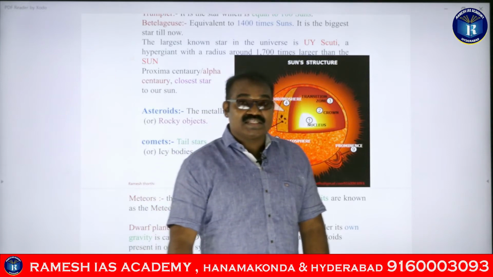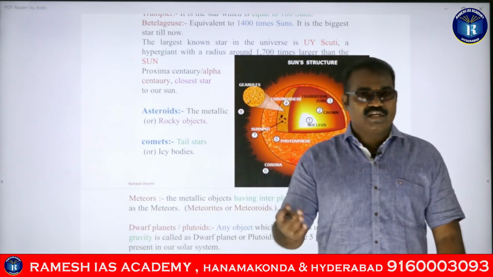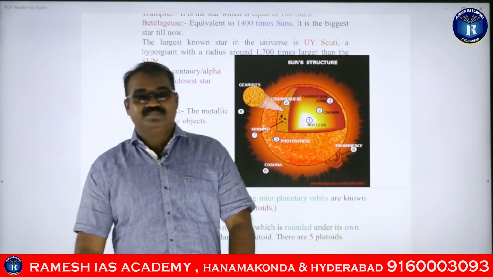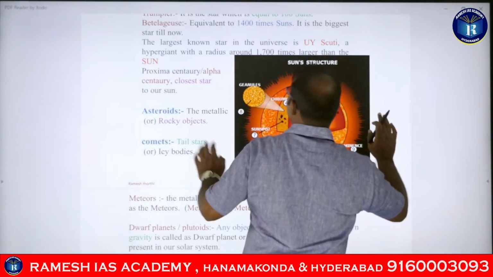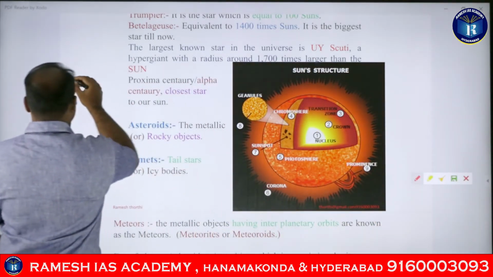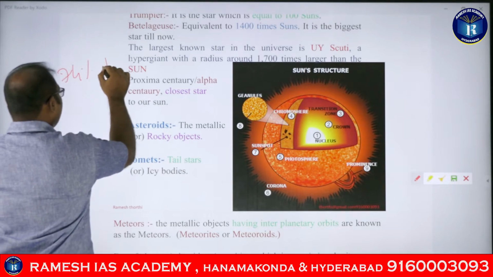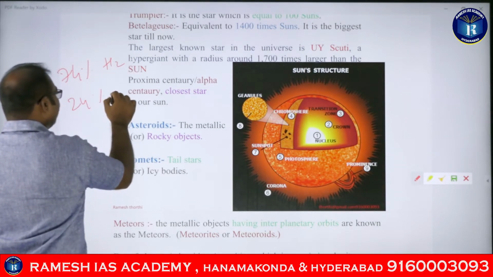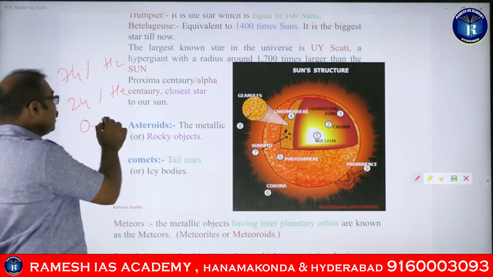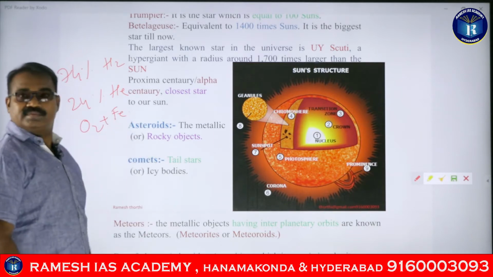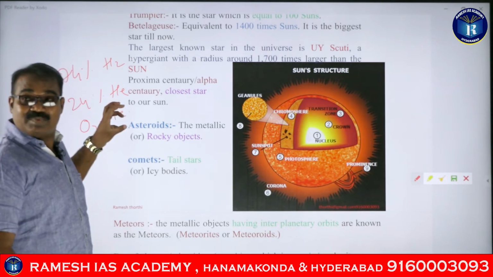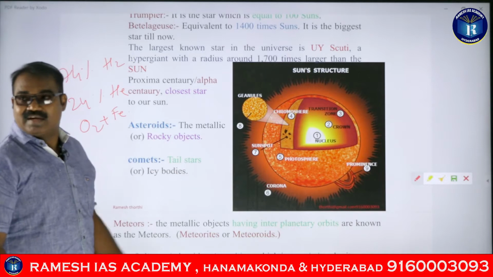The sun is made up of 74% hydrogen and 24% helium, right, and the rest includes oxygen plus iron, guys. So these are the constituents of the sun, and all of these are present in the form of plasma interwoven with the magnetic field, guys.